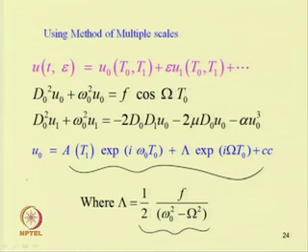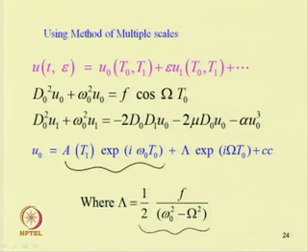So, u 0 will contain this complementary part plus this. This part is the complementary part, which we get when we put the right hand side equal to 0, and when we consider the forcing term, we have this part of the solution.